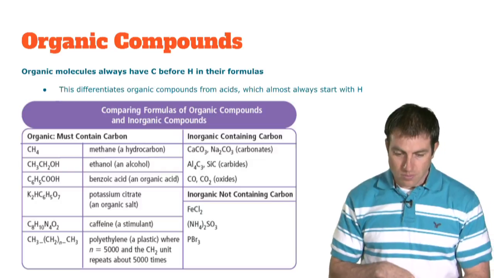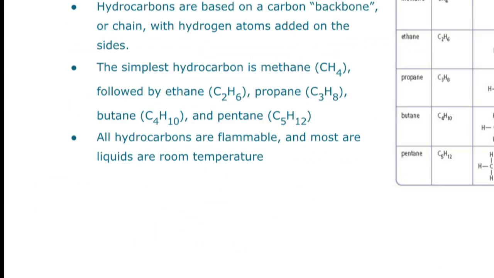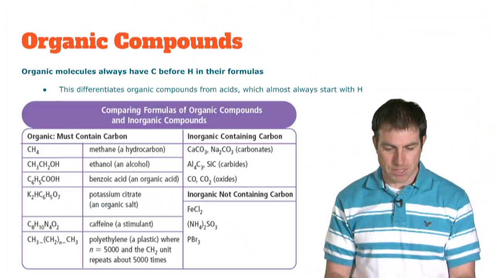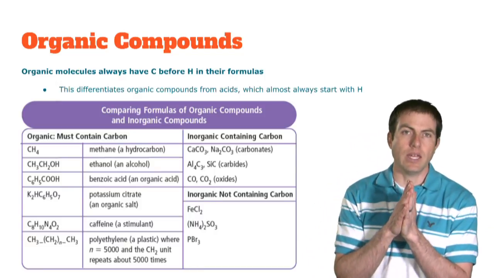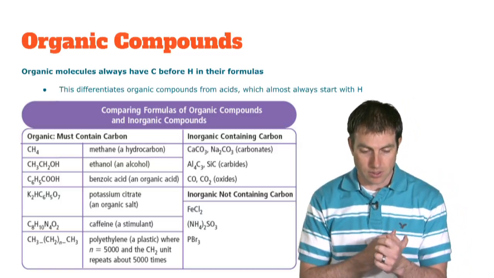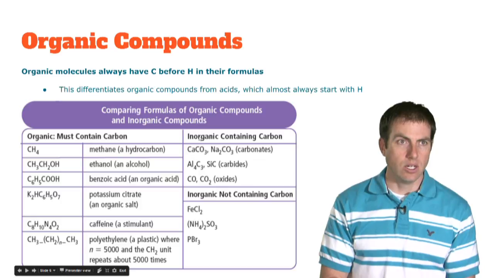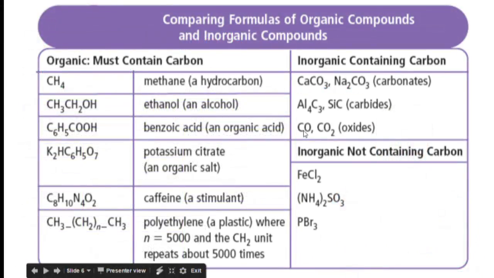Sorry, I'm just looking for the exceptions. Anything that has carbon in it is considered organic, with the exception of CO. I'm looking here in the chart, inorganic containing carbon. If you have CO, that's carbon monoxide, it has carbon, not organic.